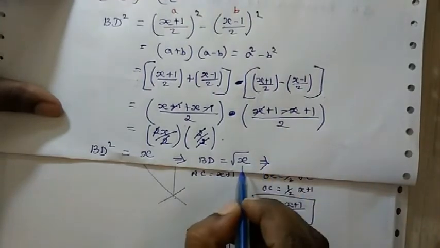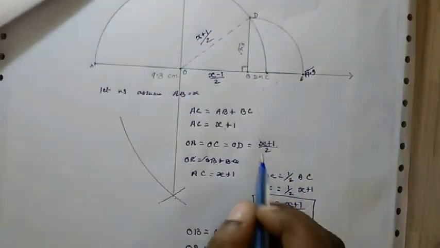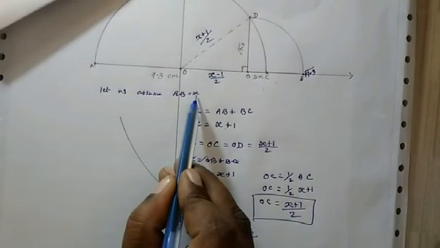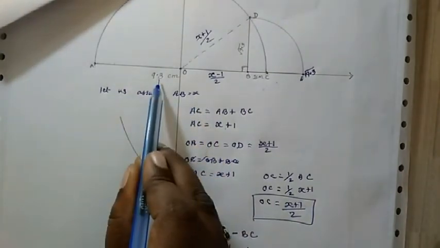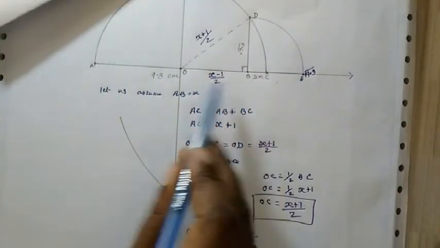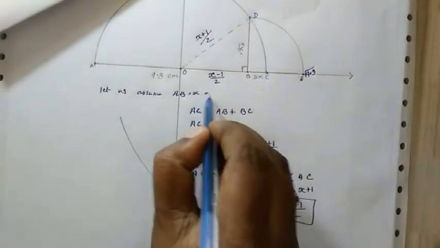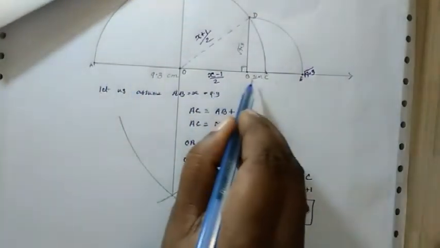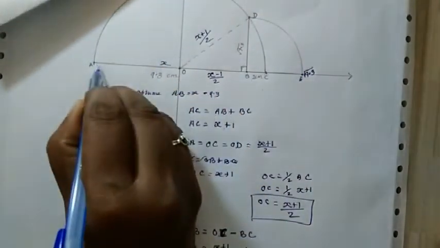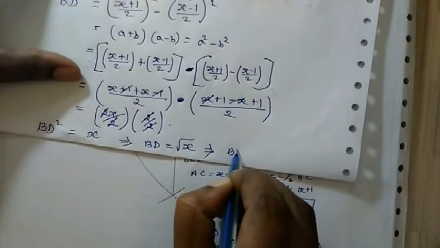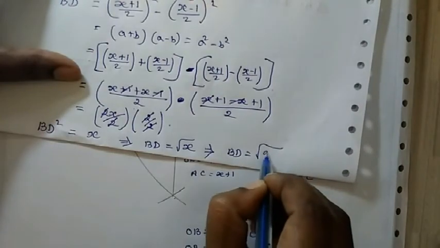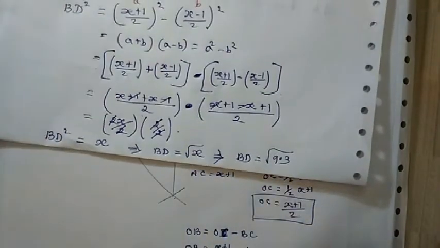Now you remember what x is: we considered AB equal to x. x is 9.3, AB is 9.3. So we consider this as x, AB. So x is 9.3, and we can write 9.3 in place of x.